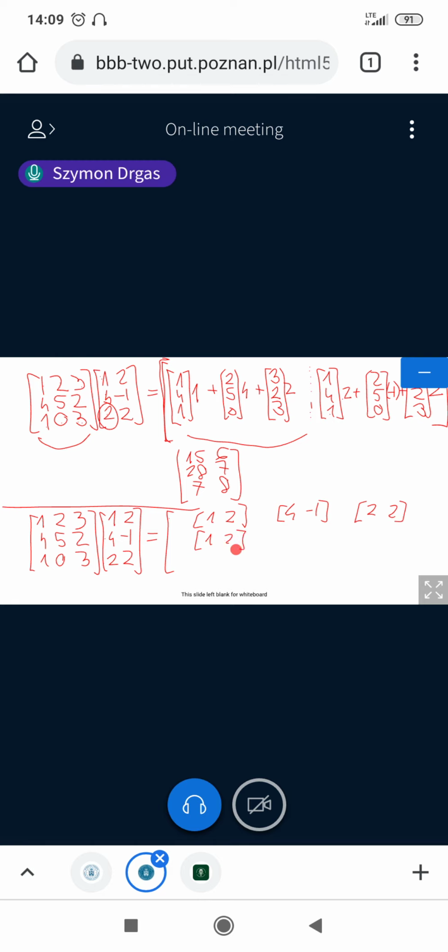And I can rewrite it for each row. And then we can use coefficients from rows of the left matrix. So for the first row of the resulting matrix, the coefficients will be 1 2 3.